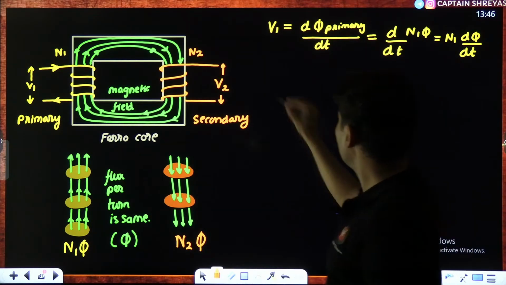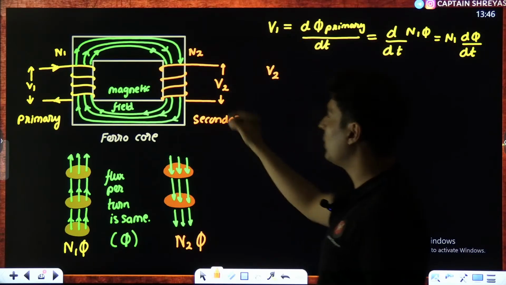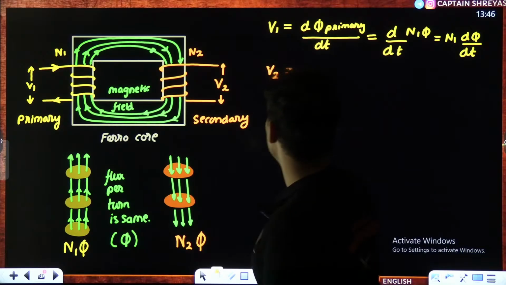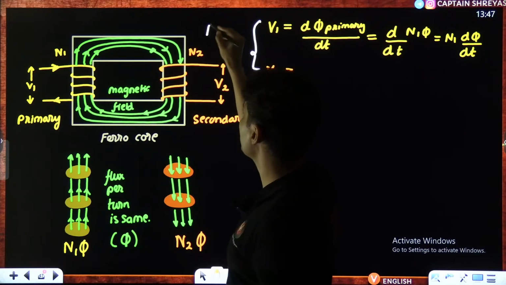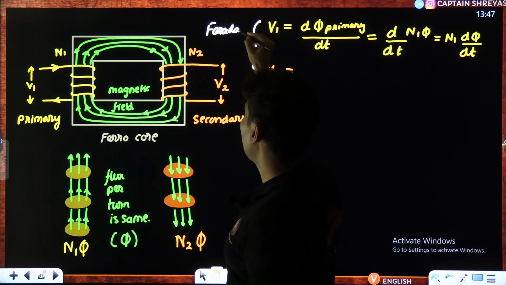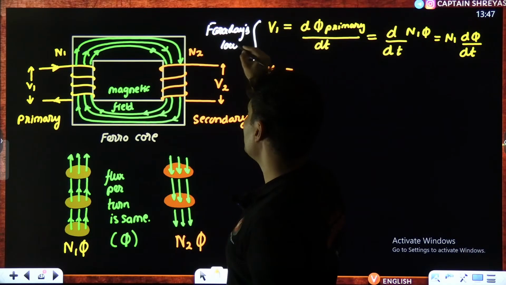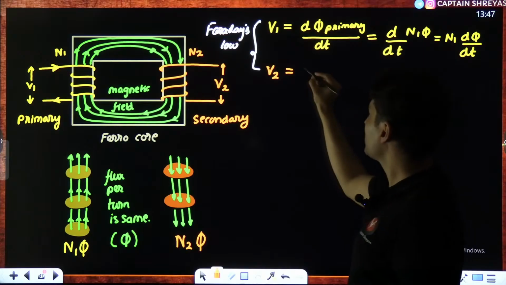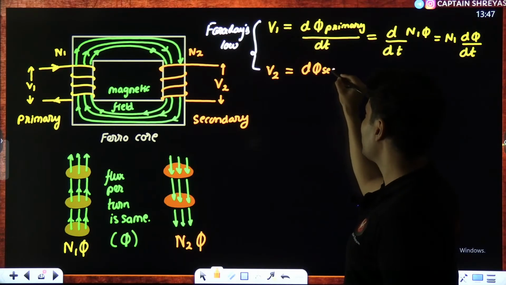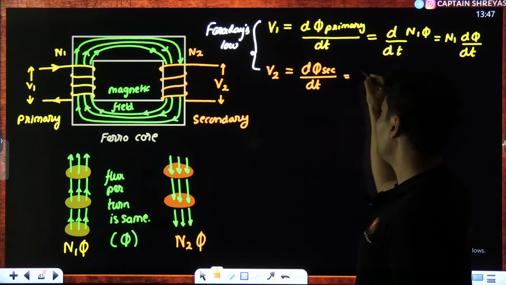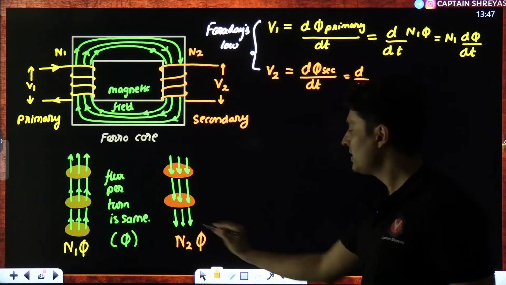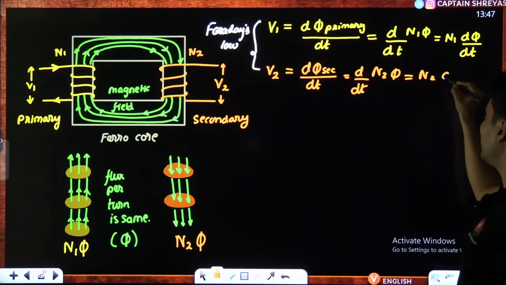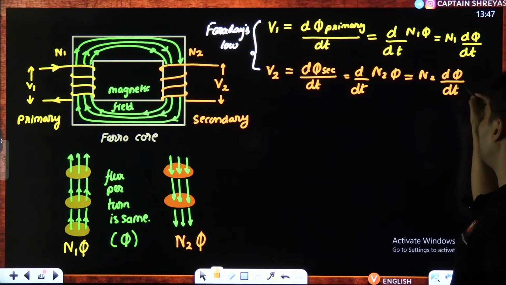Same logic if I use for the secondary coil. How am I writing all of this, you might be wondering? I am writing this using Faraday's law. The EMF induced is the rate of change of magnetic flux. So V2 is d phi of the secondary by dt, and the secondary flux is N2 phi. N2 bring it outside, so V2 is N2 d phi by dt.